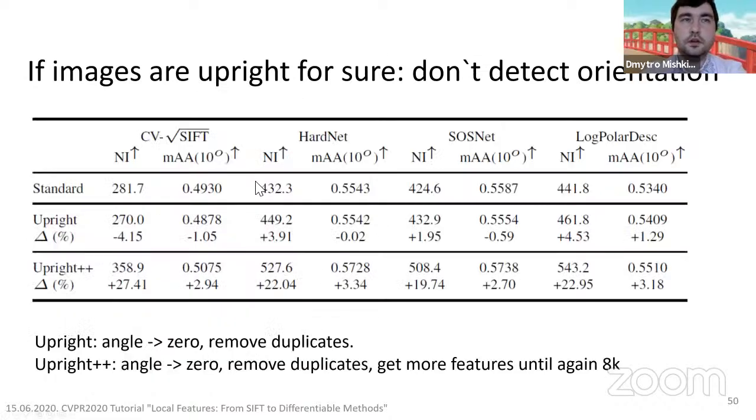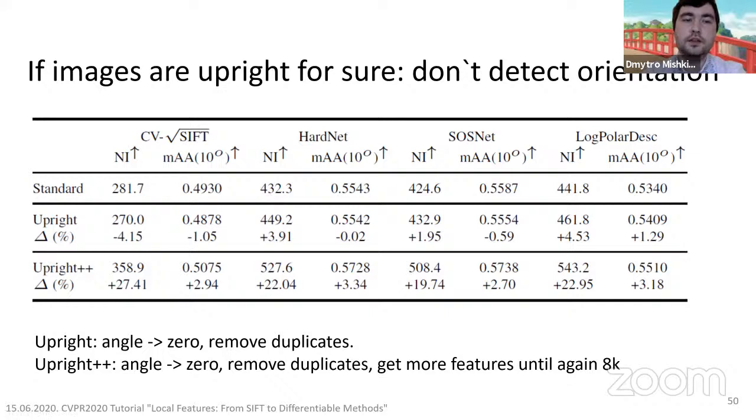And the same holds true for the reconstruction. So you can see the deltas, and you can actually do these two things. If you just take SIFT orientations, it's here. If you remove all the duplicates with the same keypoint positions but different orientations, this is the second row.